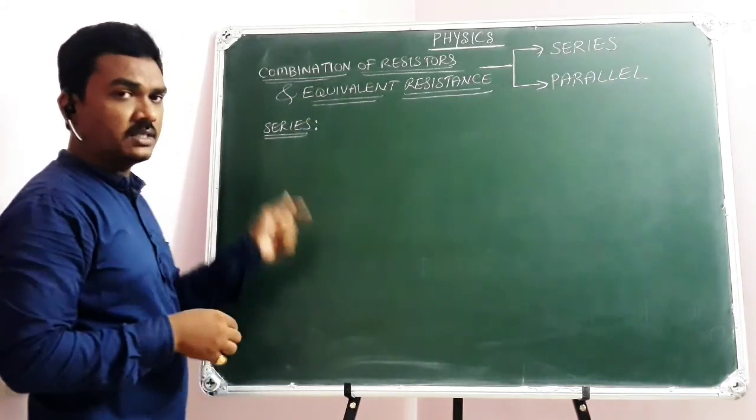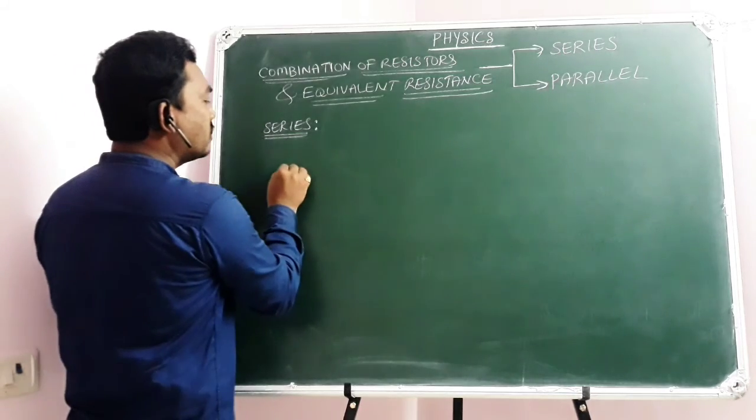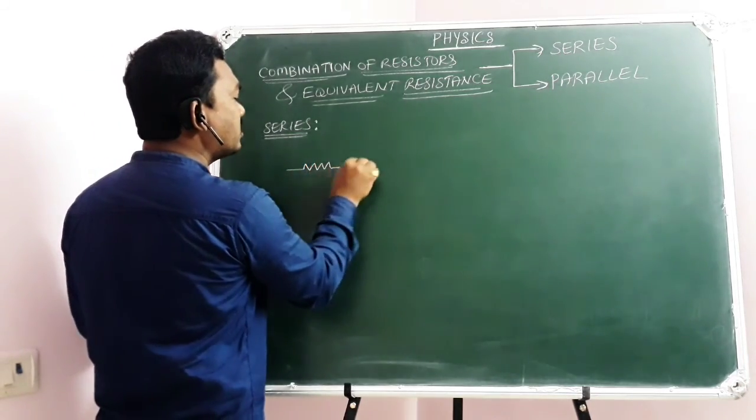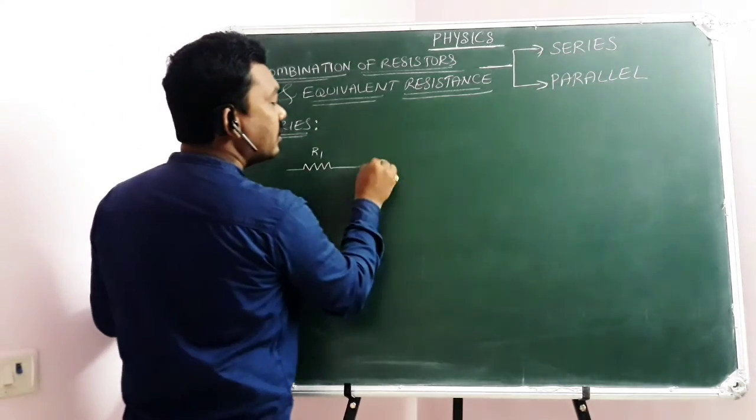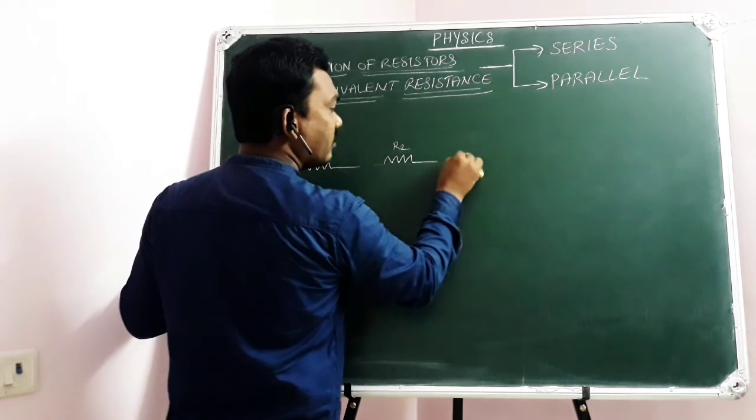Write the heading: series combination of resistors. Here, let us suppose three resistors whose resistances are R1, R2 and R3.